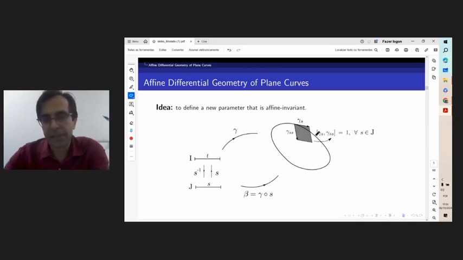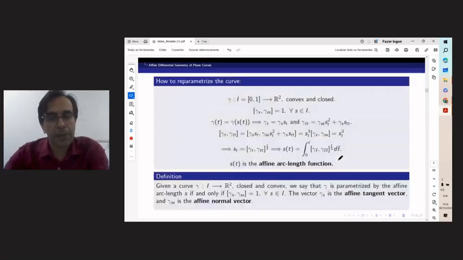It means that the determinant of first and second derivative of gamma with respect to this parameter s should be 1.